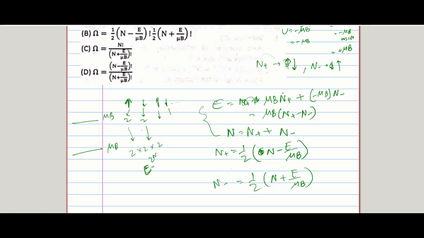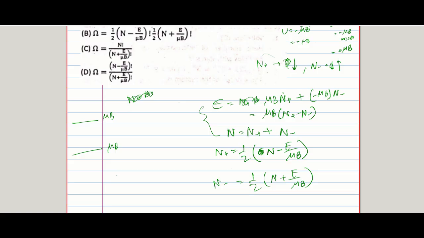Total energy is always fixed. We cannot use this, right? So we know that out of N, N plus is in the higher energy level, which is spin down, right? This is in the higher energy level.